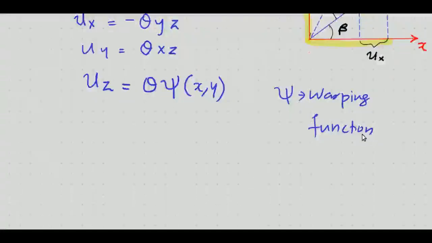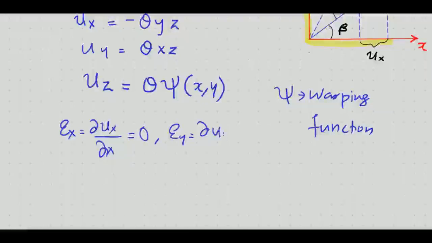Now from these displacements ux, uy and uz, we can calculate the strain components. Epsilon x is equal to dou ux by dou x, which is 0, as there is no x term here. Epsilon y is equal to dou uy by dou y, which is equal to 0, and since uz is independent of z, epsilon z also will be 0.